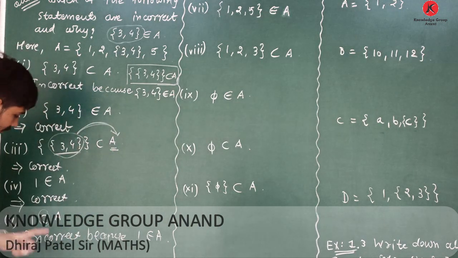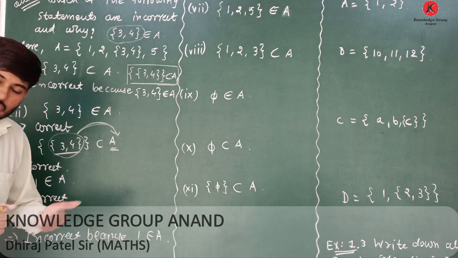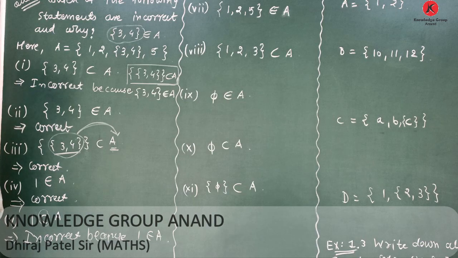And if we are putting the belongs to sign or does not belong to sign, then on the right hand side a set is there, and on the left hand side only an element is there, not any set. For element to set relation we put belongs to, for set to set we put the subset or does not subset relation.